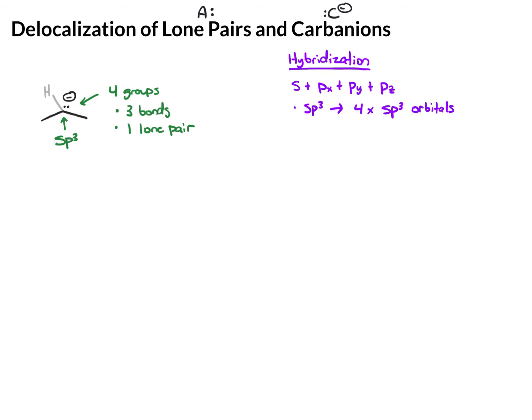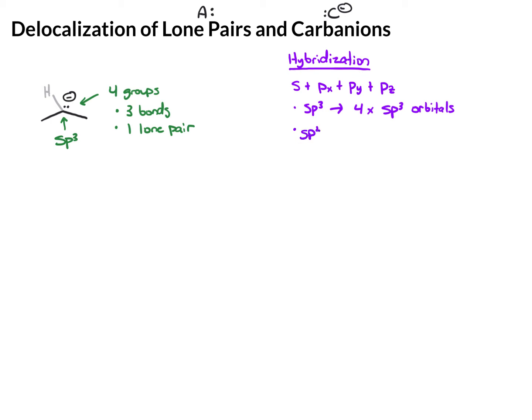Now if one carbon has a p orbital that's reserved, and you mix the s and 2 p orbitals, so you mix these 3, you get 3 sp2s out.